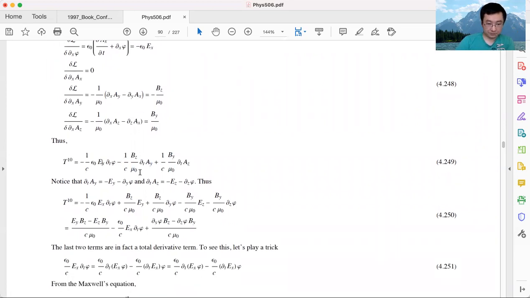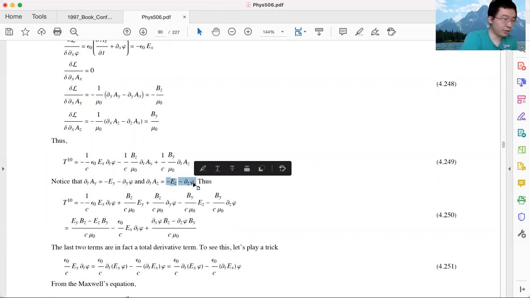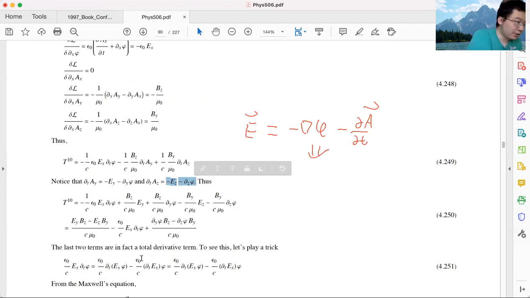To massage this formula, we replace partial t Ay and partial t Az with this quantity. This formula comes from the fact that E equals minus the gradient of phi minus partial t A. And this formula tells me immediately, if I want to know partial A partial t, it's just minus E plus the gradient of phi.